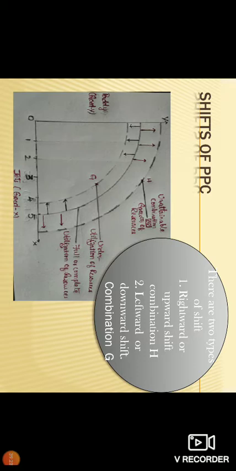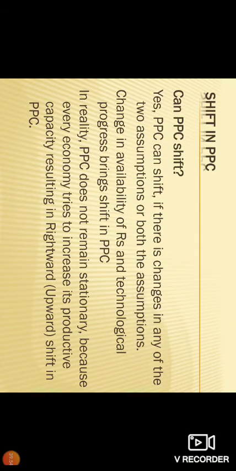Since it is unattainable, a rightward shift in the production possibility curve is unattainable. Understand? A leftward shift in the production possibility curve is underutilization of given resources. Only the combinations on the production possibility curve are full and complete utilization of resources.